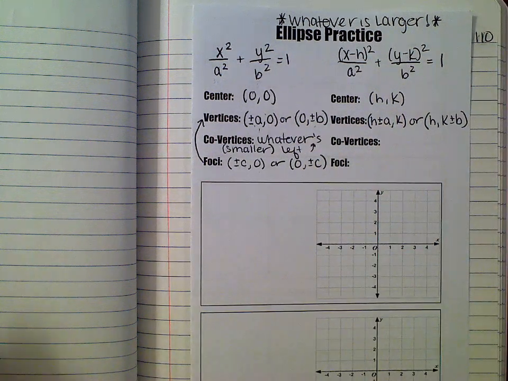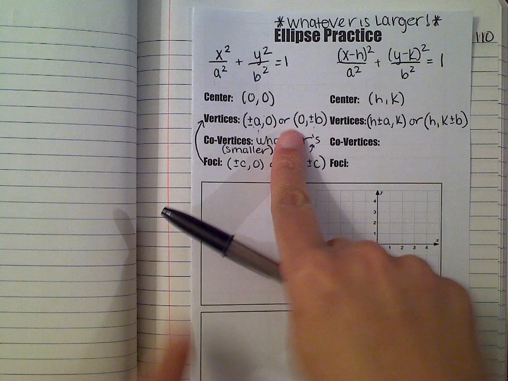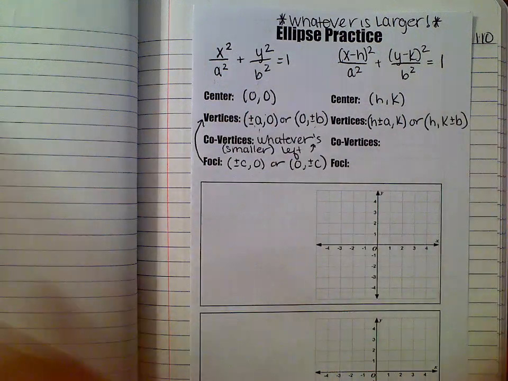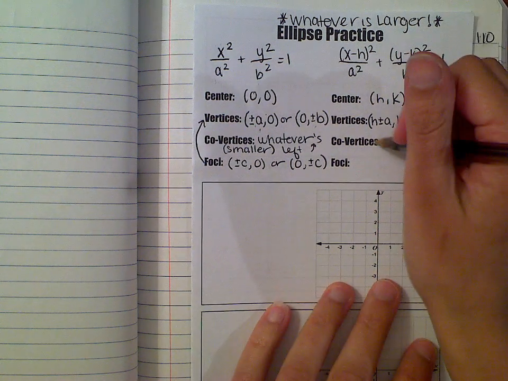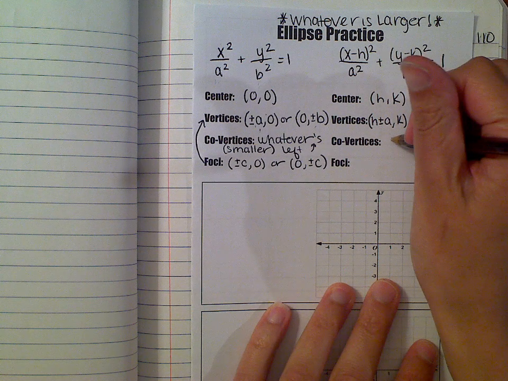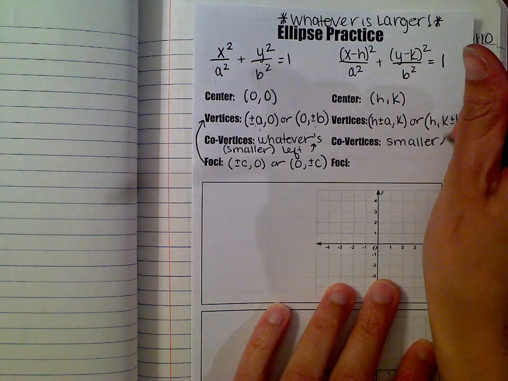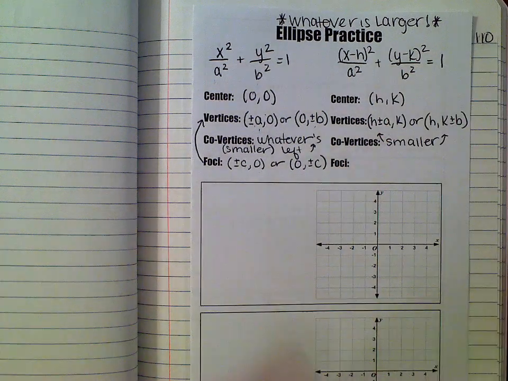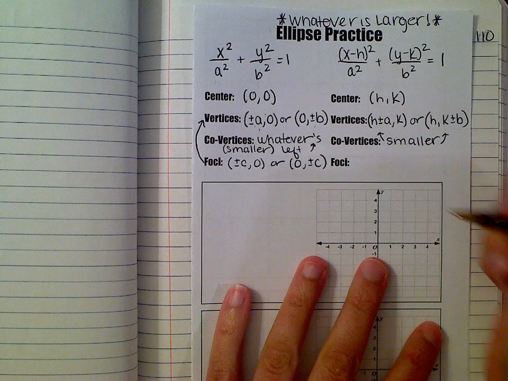Because we're not just adding it to 0 anymore, you have to add it to whatever your center is, because you start at your center and you count out however far you have to go, whichever is larger. Okay? Your co-vertices are just the other ones, so these are the smaller of the two. So whichever one is smaller is going to become your co-vertices, so you really need them both.